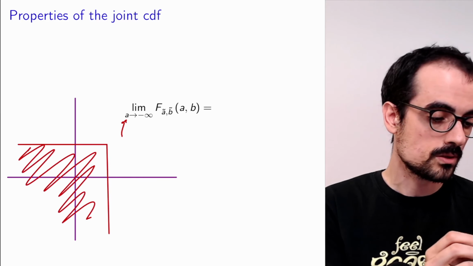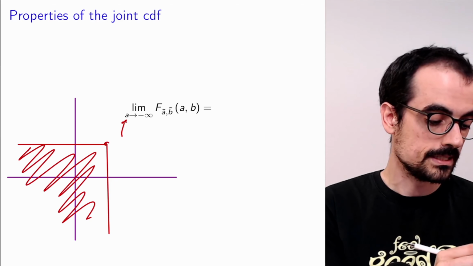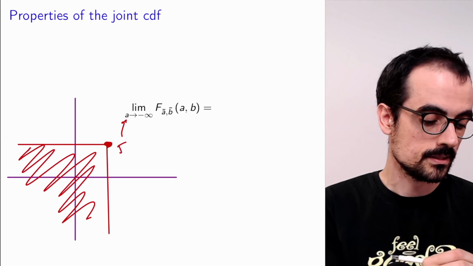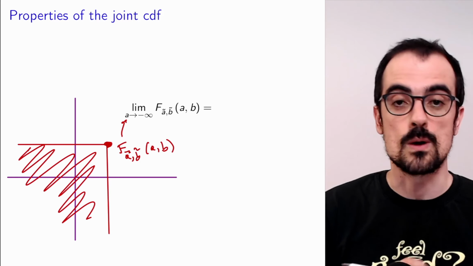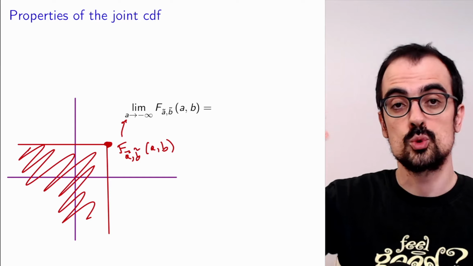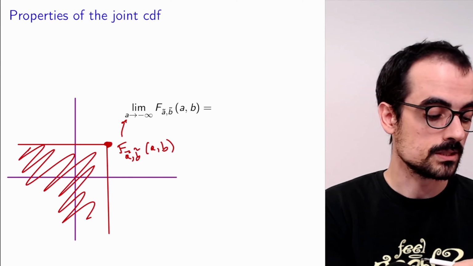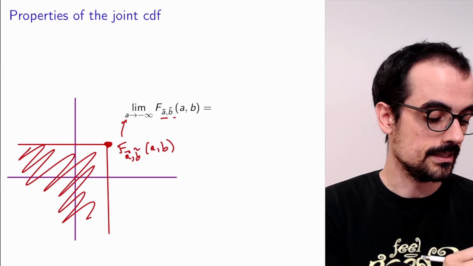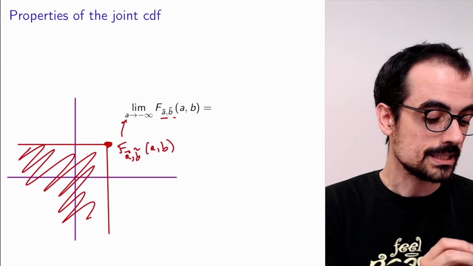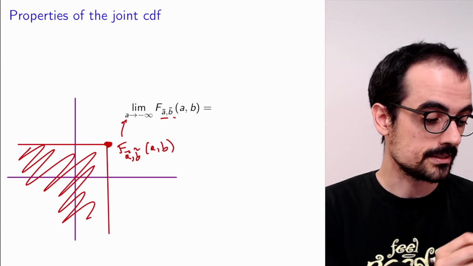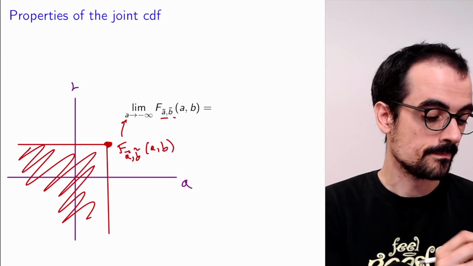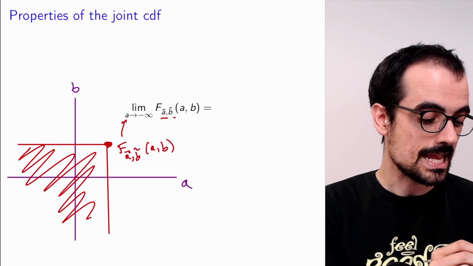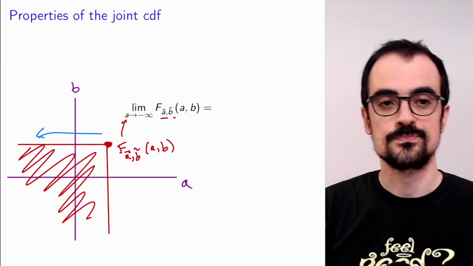Basically this would be the CDF at this point. The CDF at this point tells us the probability that this 2D vector composed by the random variables A and B is in this region here. Let's say that this is A and this is B. What happens if we take A to minus infinity?